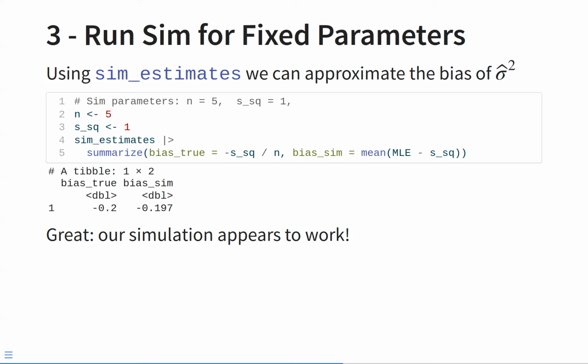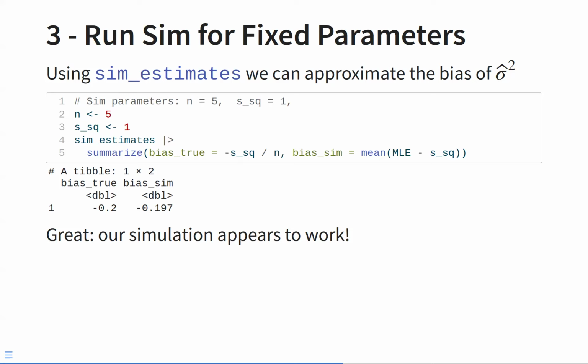That's the thing that I showed you in an earlier slide that you can derive with a bit of algebra. So the bias of the MLE is exactly equal to minus s squared divided by n. So in this particular case, because s squared is 1 and n is 5, the bias is minus 0.2.